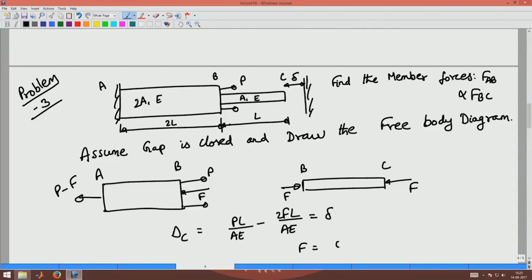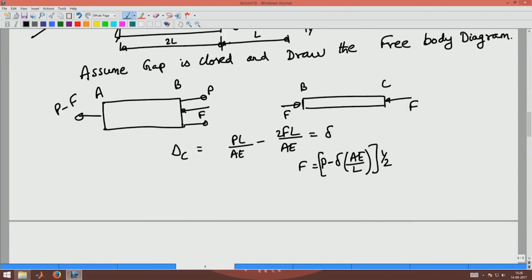F is 1/2 into P minus delta AE by L. Okay. So, F is 1/2 into P minus delta AE by L.